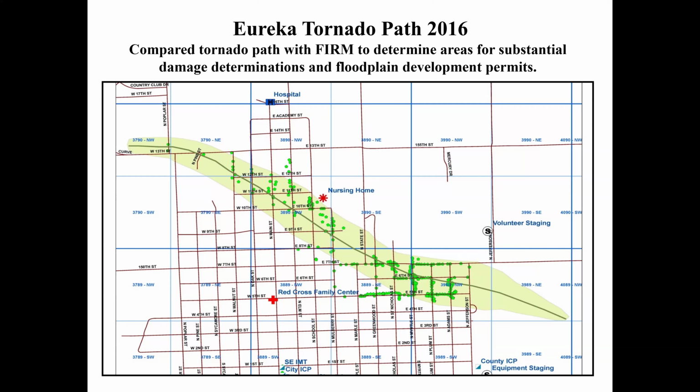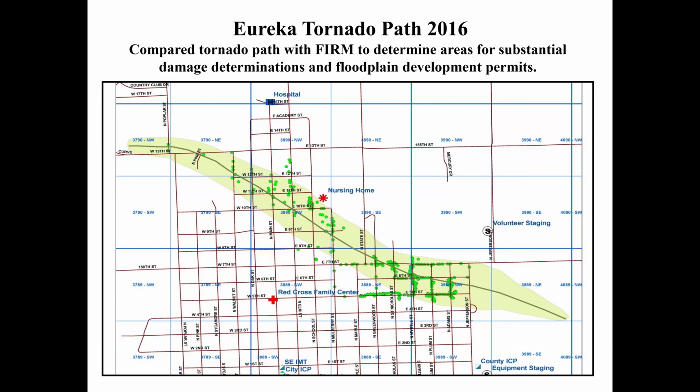Once something happens, you would assess what the scope is, how many structures you have that have to be assessed. You can see there are plenty of structures outside of the floodplain that would not have to be assessed. So basically just the ones that are in the floodplain that were in the tornado path are what we're worried about. That's what we do to determine the areas for substantial damage.